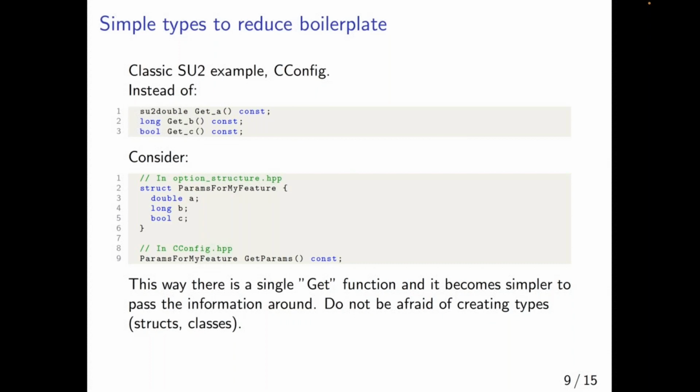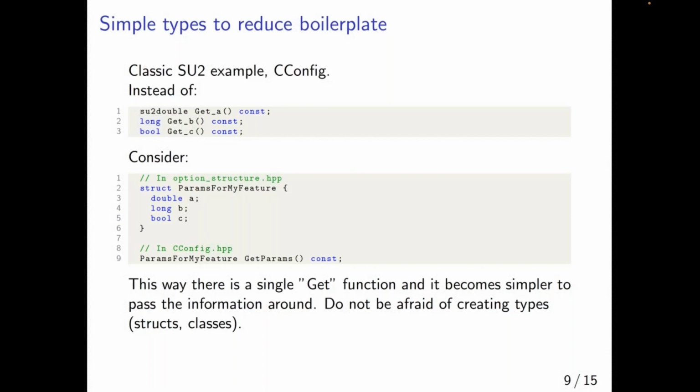Then another good practice we have is to try to make it simpler to write code and reduce the boilerplate. So for example, if you introduce some new configuration option that has a number of parameters, you could be inclined to add a bunch of methods to the configuration to get each of those variables. But usually all those things are used together.